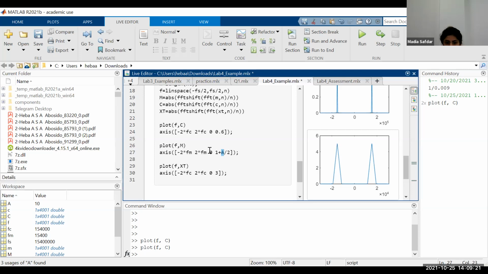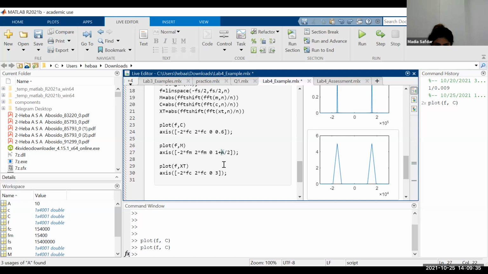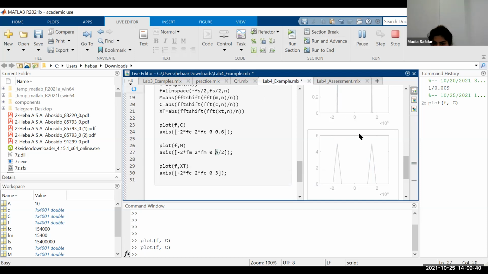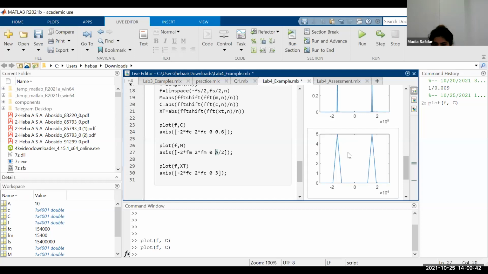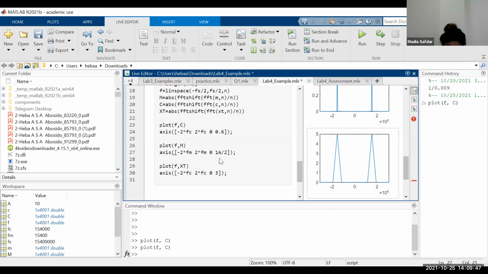You remember the amplitude of the message signal was 10, right? If you remove this, just run it, so exactly it will match here. So you want it a bit higher, a bit higher.